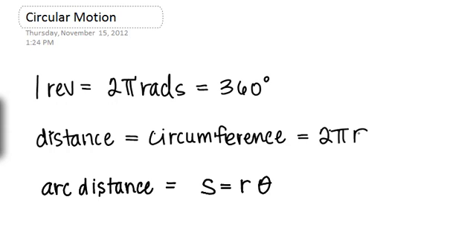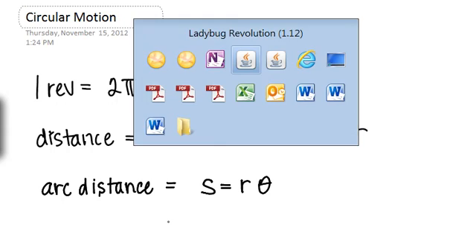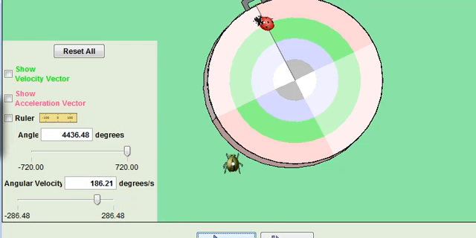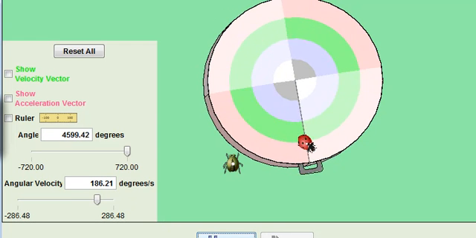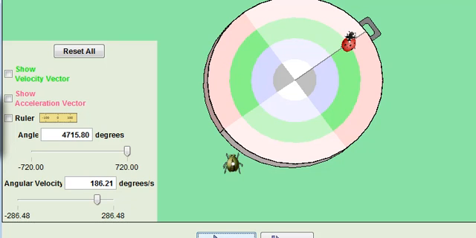Yay! Okay. So, now let's look at our ladybug again. Ladybug goes round and round. So, when we only go part way round, we've traced out some change. There's been some arc length, and we've also swept through an angle. Okay? And does that take time? Yeah, it sure does.